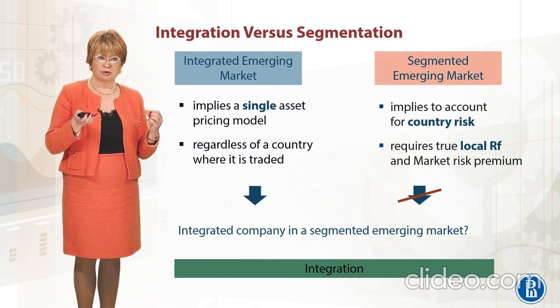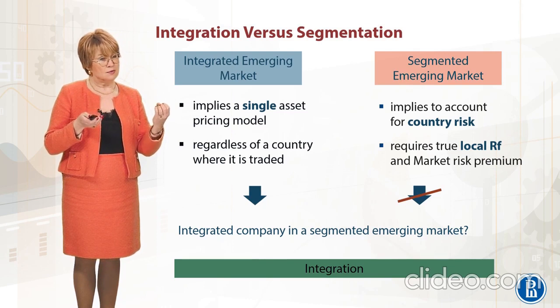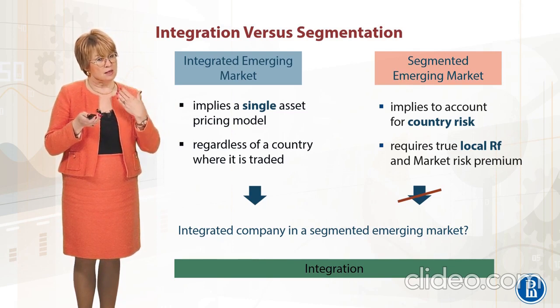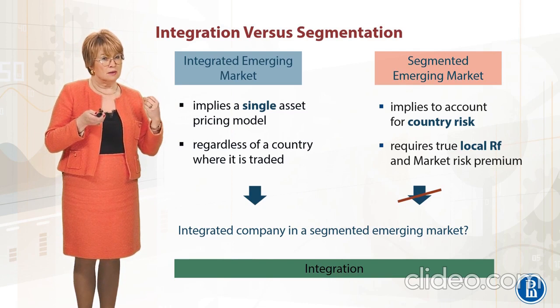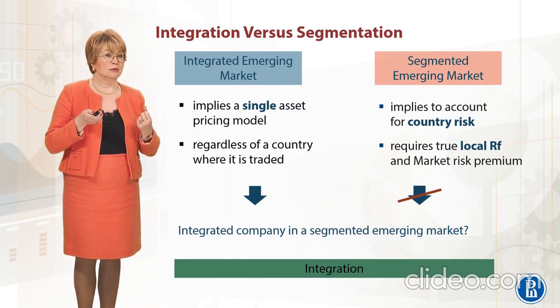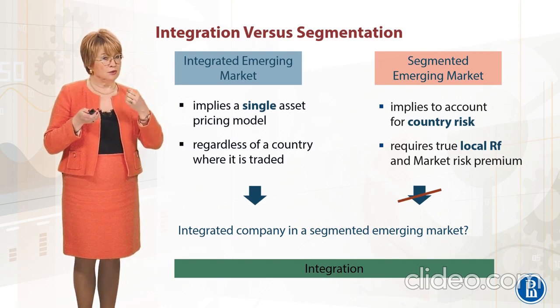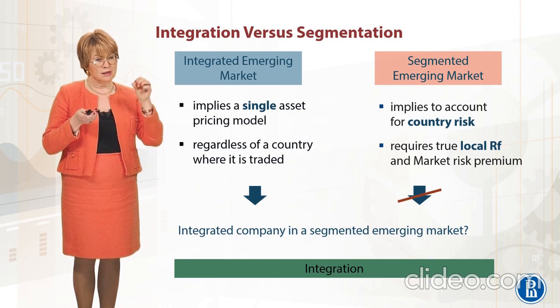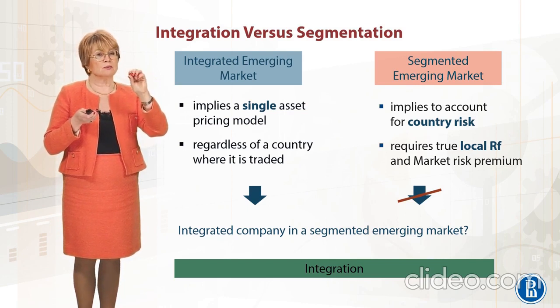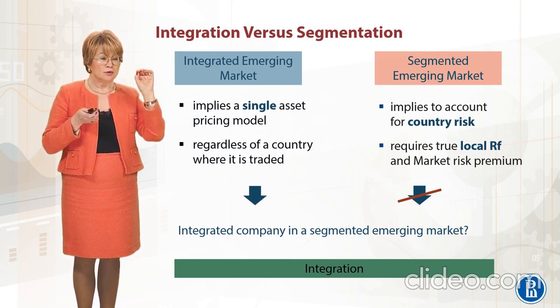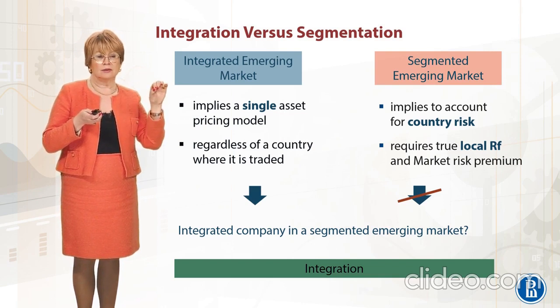And then the next very important conclusion: if we have an integrated emerging capital market, we should apply the capital asset pricing model, where the expected rate of return depends on the market risk return, which is the well-diversified market portfolio.